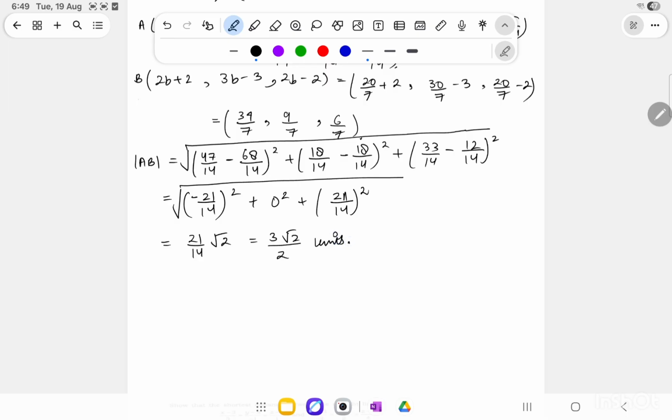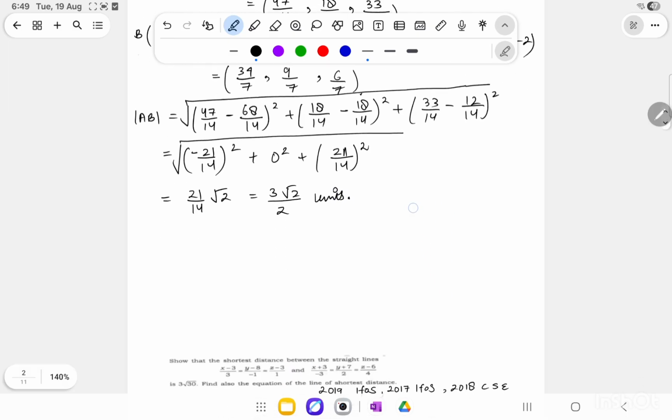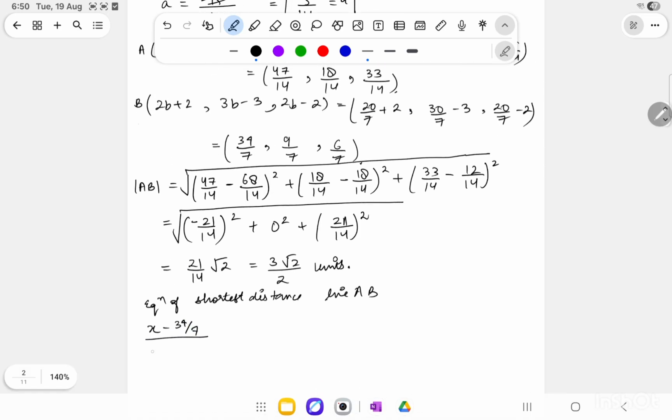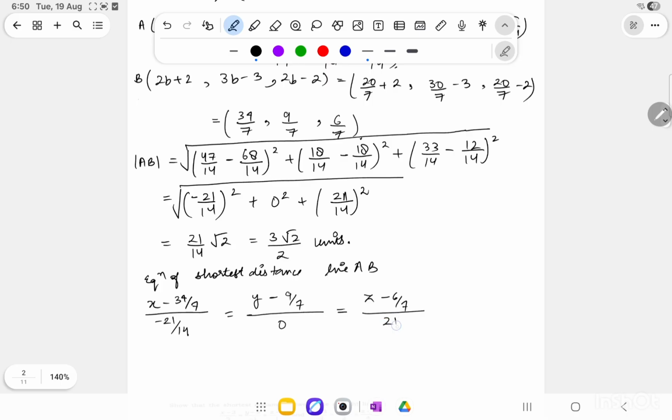Also they have asked me to find the equation of line AB. So the equation of the shortest distance line AB will be x minus 34 by 7 upon 47 by 14 minus 21 by 14 equals y minus 9 by 7 upon 18 by 14 minus 9 by 7, which is 0, equals z minus 6 by 7 upon 33 by 14 minus 6 by 14, which is 21 by 14.